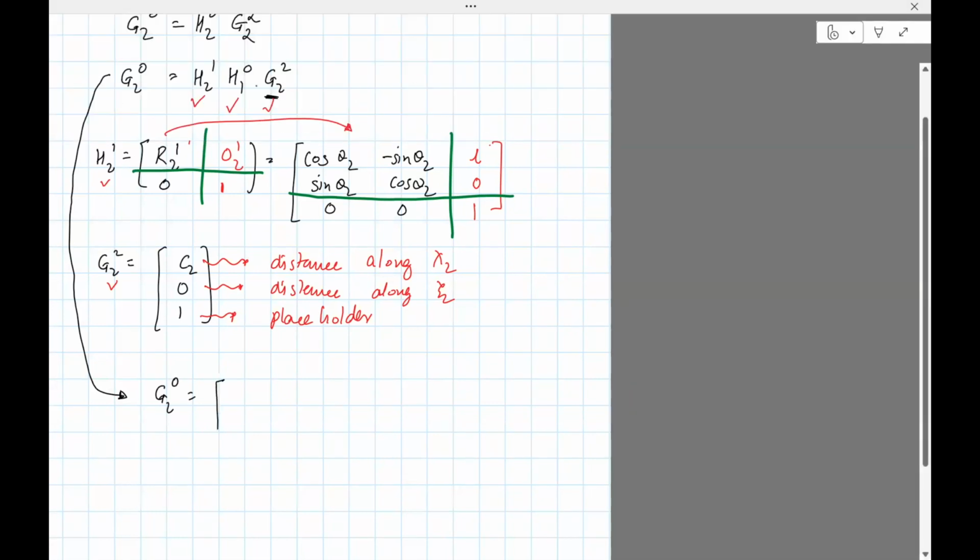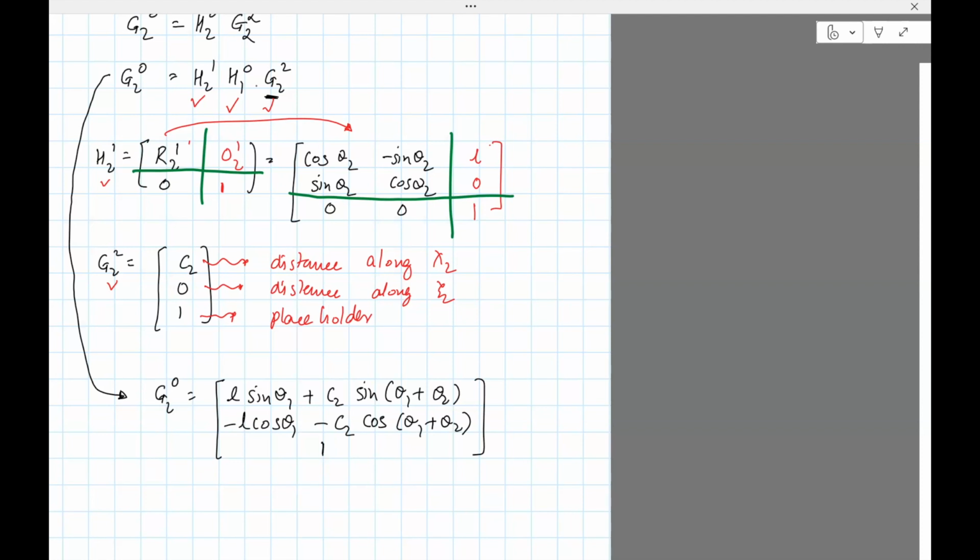G20 comes out to be L sine theta 1 plus C2 sine theta 1 plus theta 2, minus L cosine theta 1 minus C2 cosine theta 1 plus theta 2, and then this 1 is a placeholder. Okay, so we've computed the position.